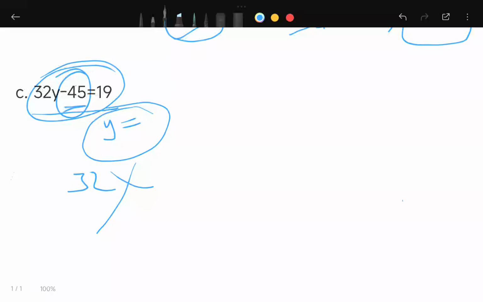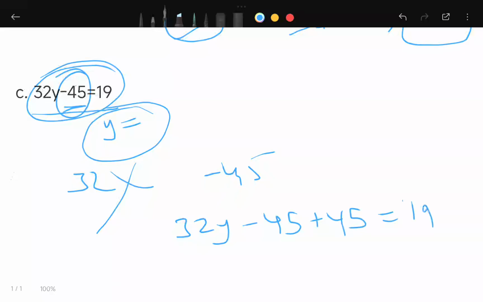First we need to remove or eliminate this constant. So to eliminate minus 45, what we can do is add 45 on the left hand side. Since we are adding on the left hand side, we need to add on the right hand side also because of the balancing rule. So minus 45 plus 45 is 0.